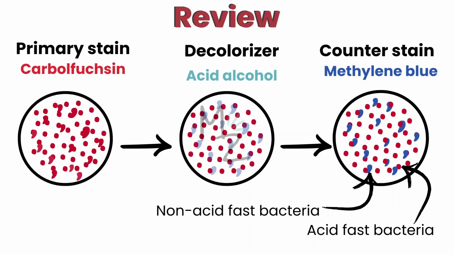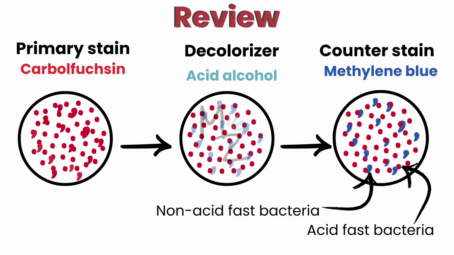Alright guys, let's review everything really quick. We discussed acid-fast staining today. We use carbolfuchsin as a primary stain to stain all the bacteria, whether they're acid-fast or non-acid fast, red. After that, we go for decolorization and we use a decolorizer that is acid alcohol, and that wipes out the stain from non-acid fast bacteria, because acid fast bacteria has got a resistant cell wall and acid alcohol is not able to wash out dye from its wall.